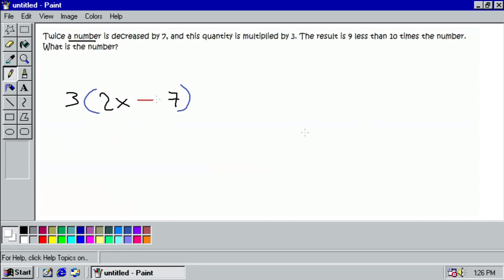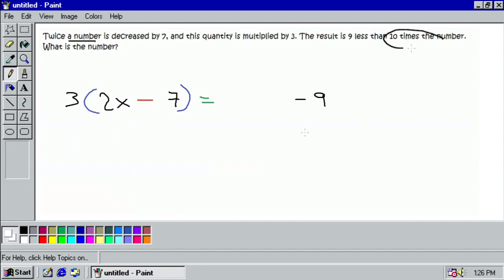The result is 9 less than 10 times the number. So the result means equal sign. That result is 10 times the number, and when we say less than, let's add negative 9.